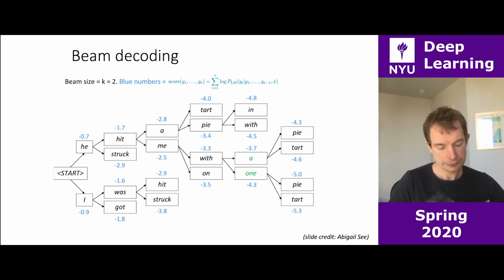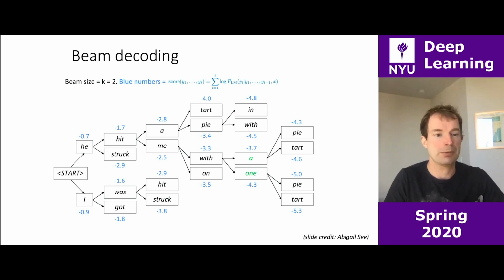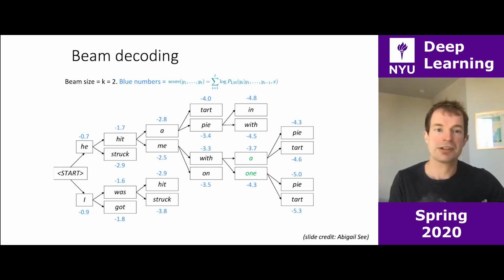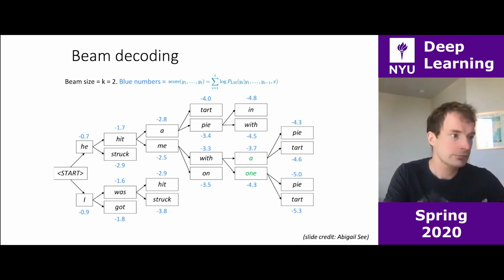At training time, we normally just use the autoregressive factorization I showed you before, where given the n previous correct outputs, we predict the n plus first word. What we're not doing is exposing the model to its own mistakes at all. So when you do beam search, you can get all kinds of nonsense showing up in your beam, because if you have a very big beam, then probably some of it will be garbage.